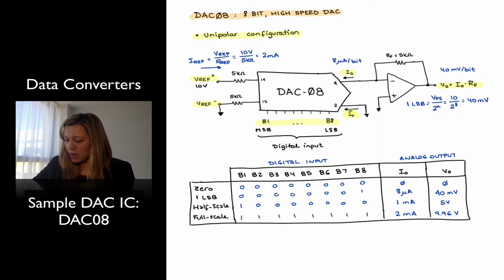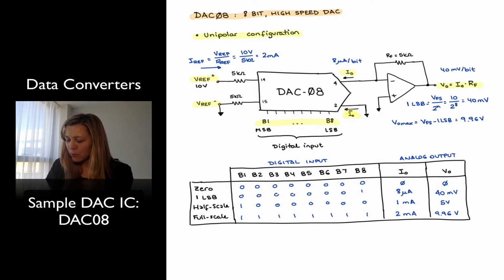And then my maximum output voltage I will calculate as my full scale voltage of 10 volts minus 1 LSB, or 10 volts minus 40 millivolts, which is 9.96 volts.